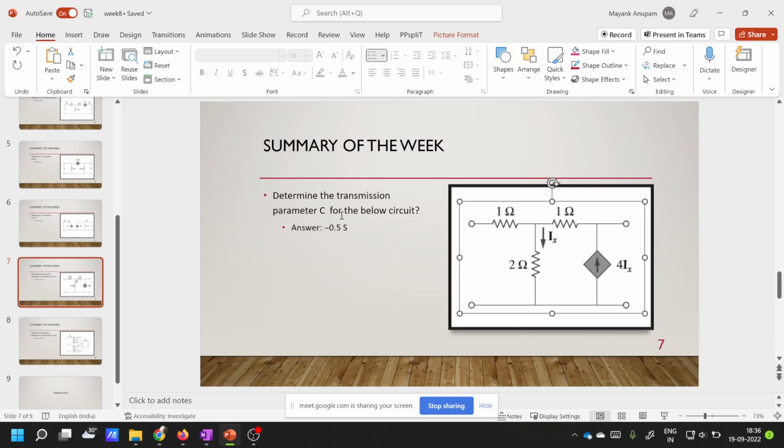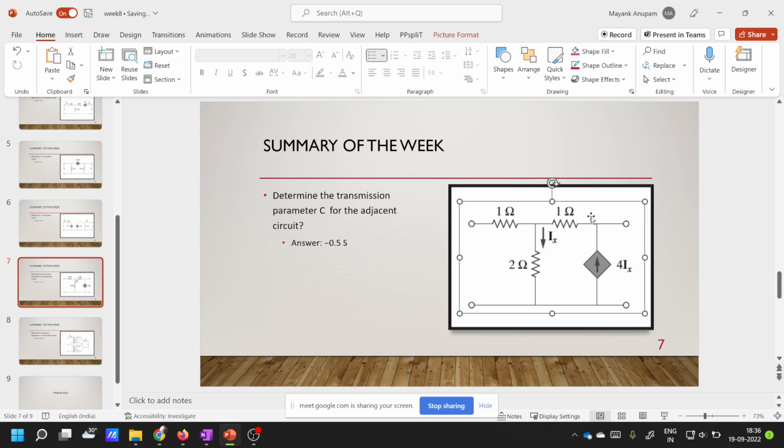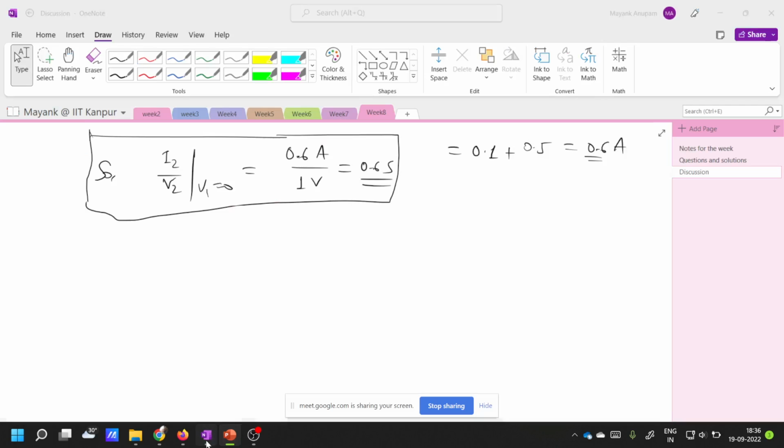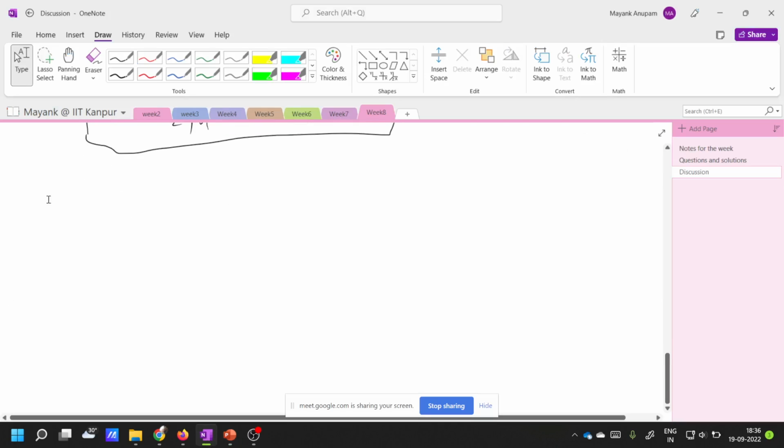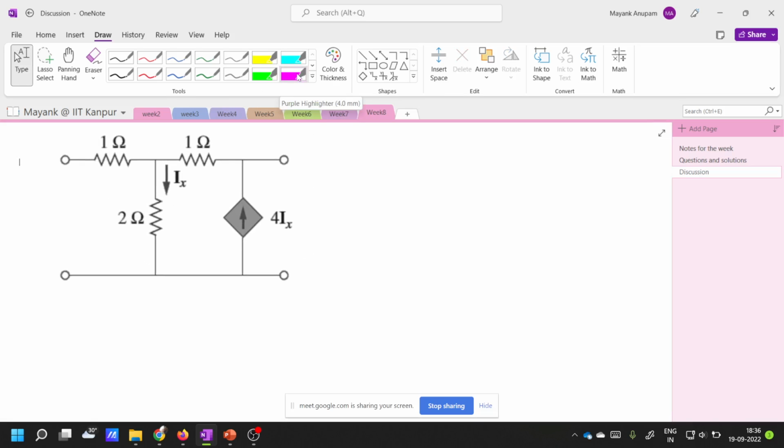Determine the transmission parameter C for the below circuit. This is the circuit here. This is not below, but this is adjacent. Okay. So let's find the transmission parameter for this circuit. This is question number 4.